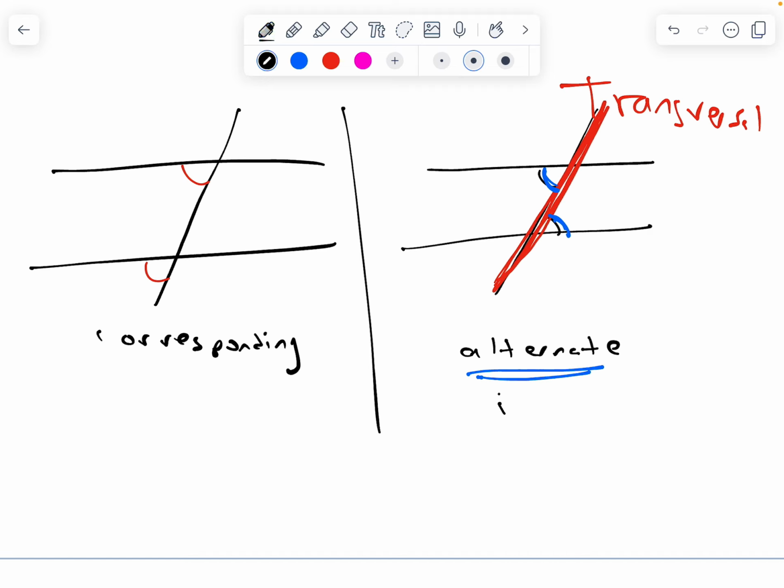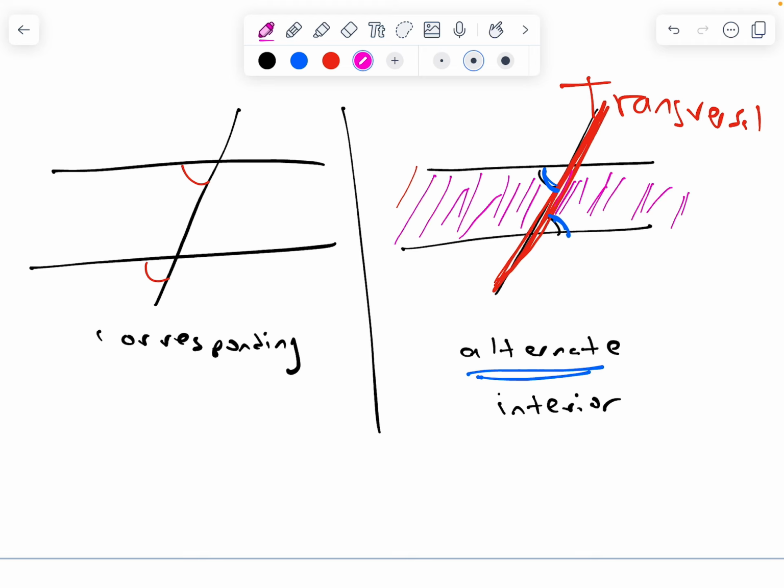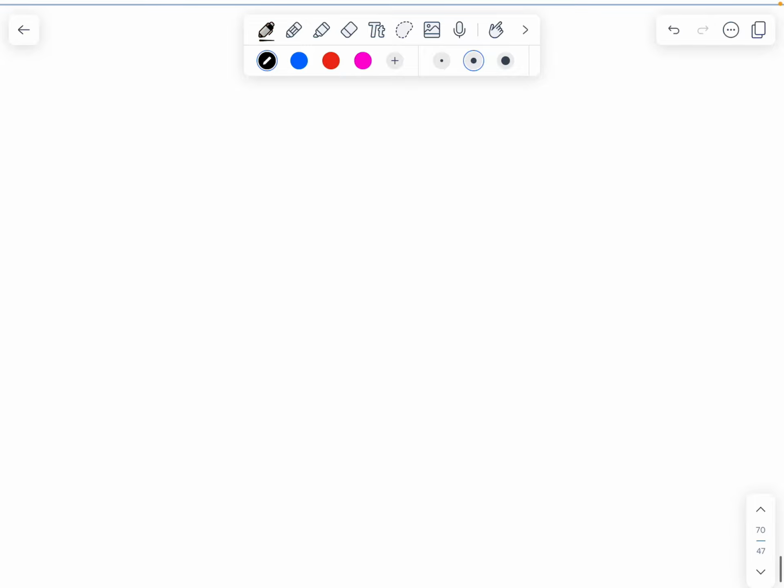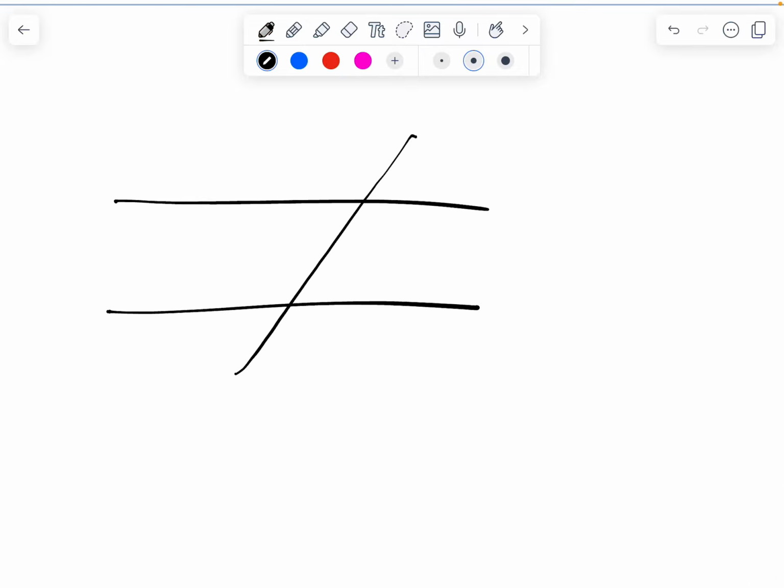And they're called interior because if you imagine this as a kind of tube, both of those blue angles are on the inside of the tube. So they're on the inside of the tube and on alternate sides of the transversal. So, alternate interior.